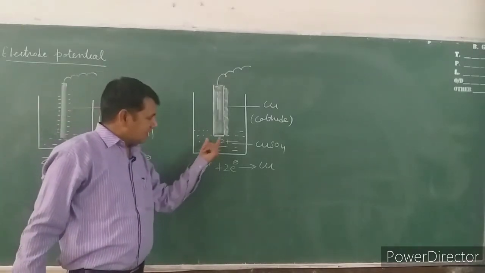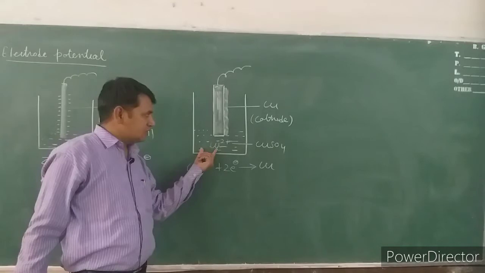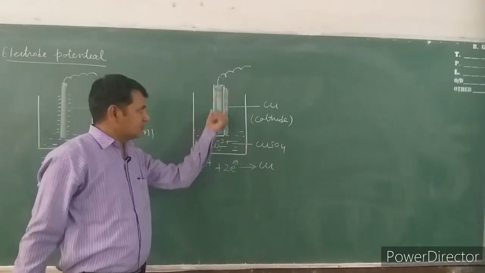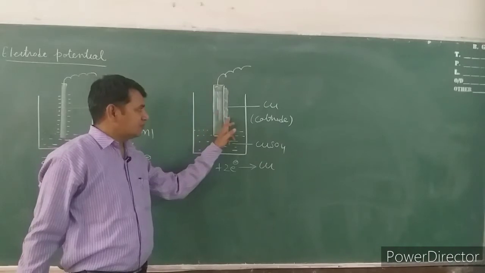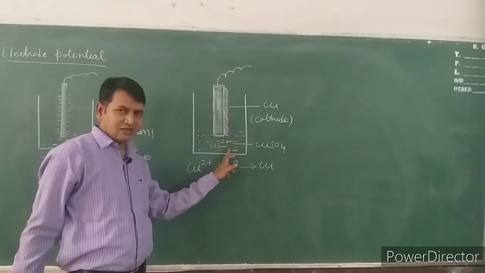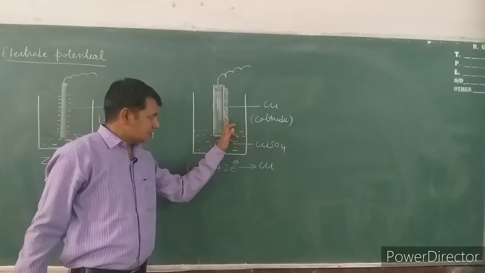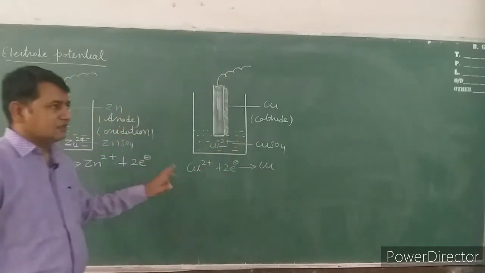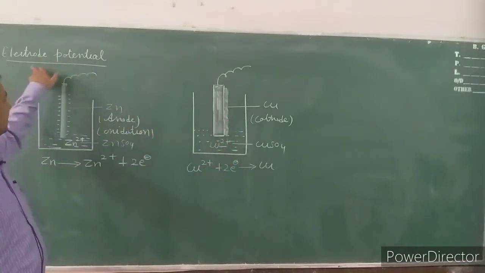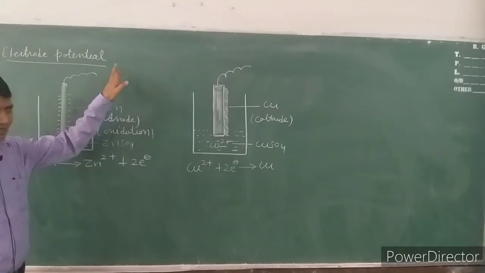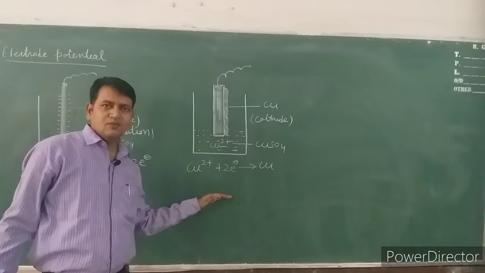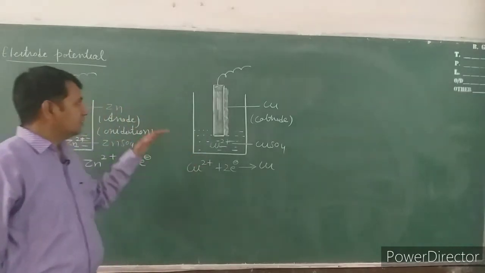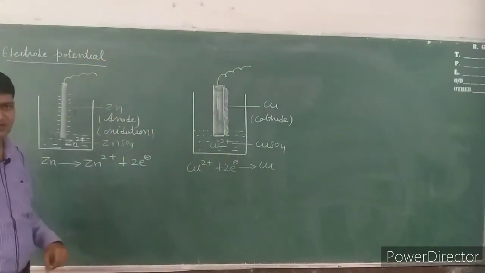So the electrons have been captured from the electrolytic solution and the neutral atom is deposited on the surface. Again there is a potential difference between the surface of the metal electrode and its electrolytic solution. This potential difference is known as the electrode potential. So in this manner, at each individual electrode a potential difference is generated, and that is known as the electrode potential.